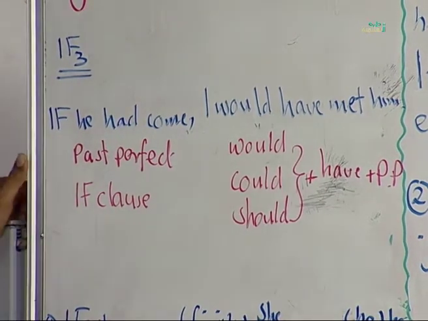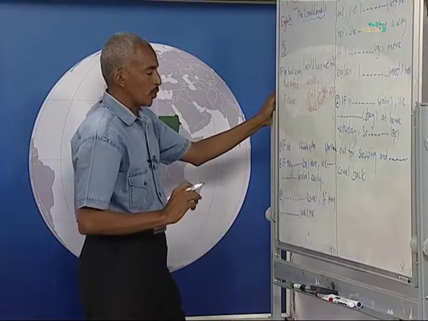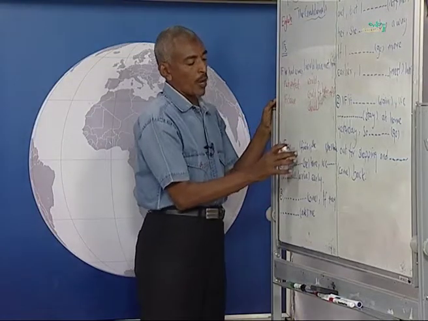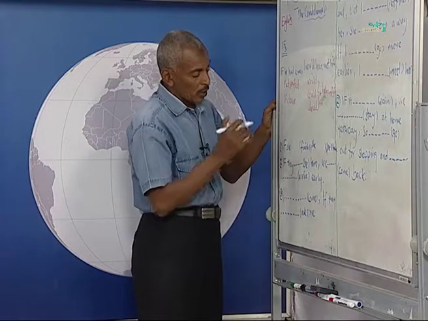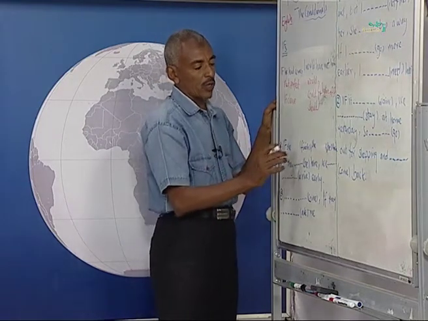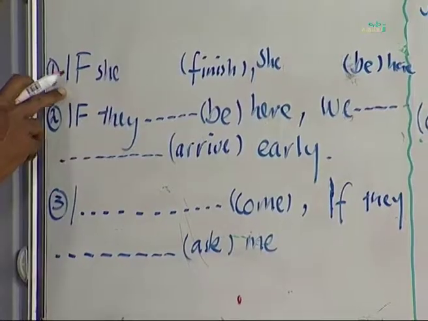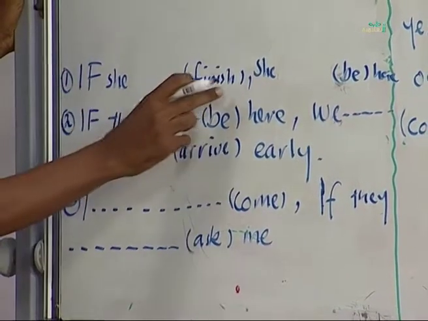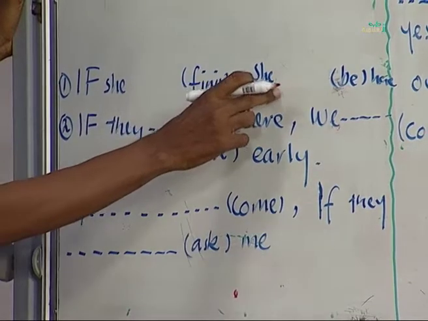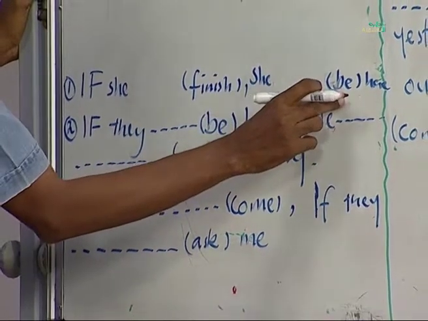Let us see some examples, according to which we are going to make sure we understand conditional 3. Here I have, if she finished, she be here.